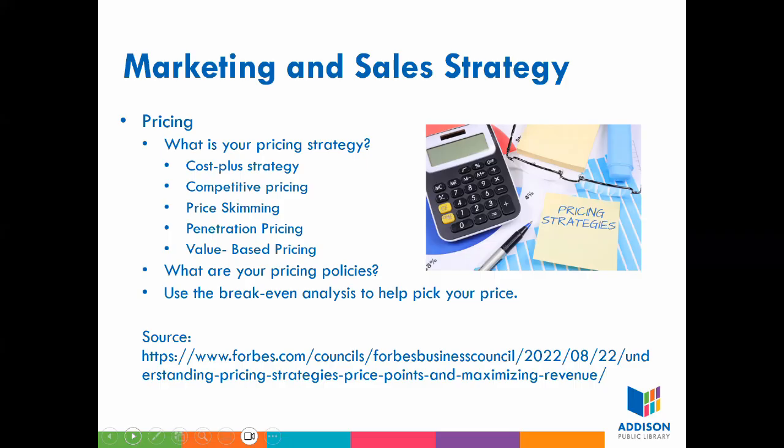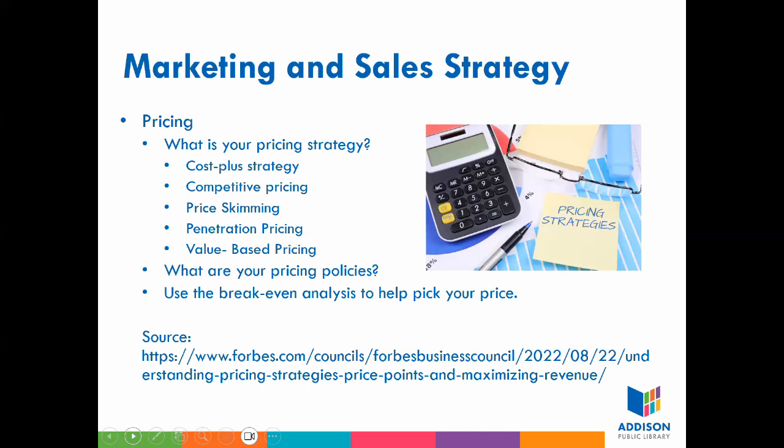And what it is, you choose the margin, your profit margin. So how the cost plus strategy works is you look at your item on a micro level. So how much does it cost to make one item or perform one service? And that includes all of your fixed costs and your variable costs. Now, fixed costs are like your rent.